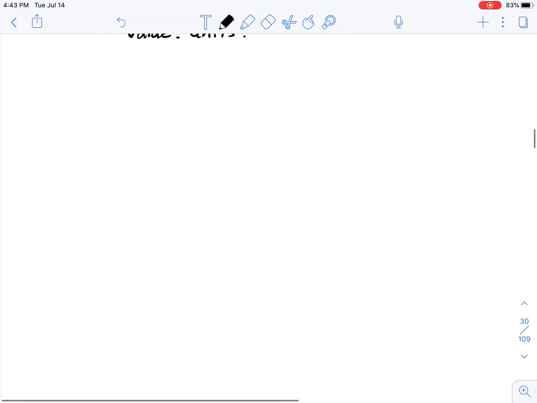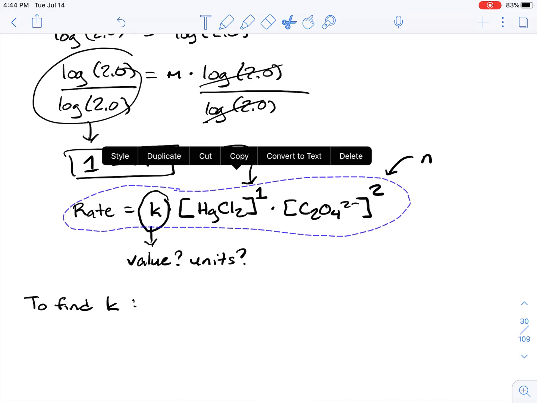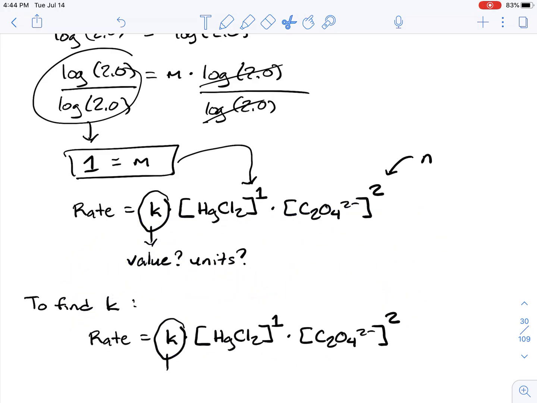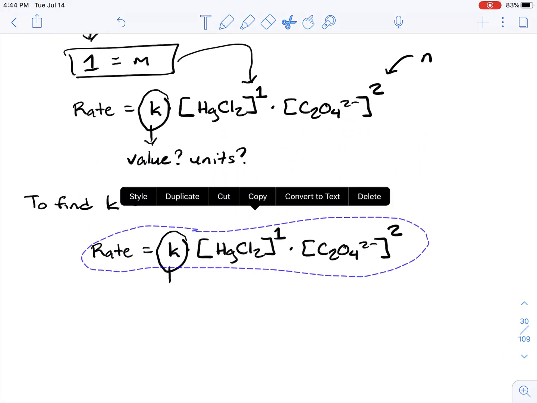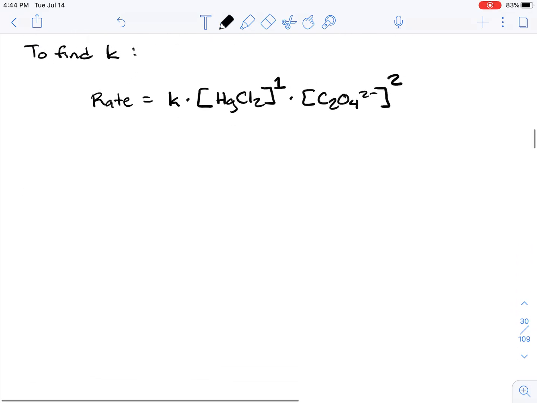And so to find k, or the rate constant k, I'm going to go ahead and just copy this real quick, because I'm going to use this incomplete rate law as a backbone, if you will, to plug in my values. The initial rate of reaction, and I'm going to be using experiment number 1. You guys can use experiment number 2 or 3, it does not matter.